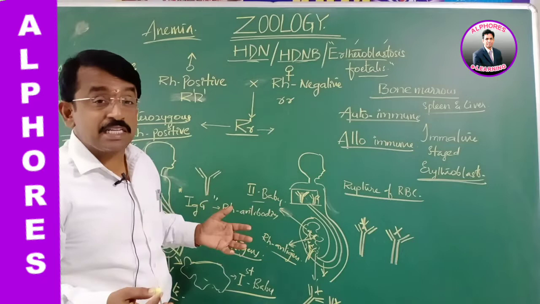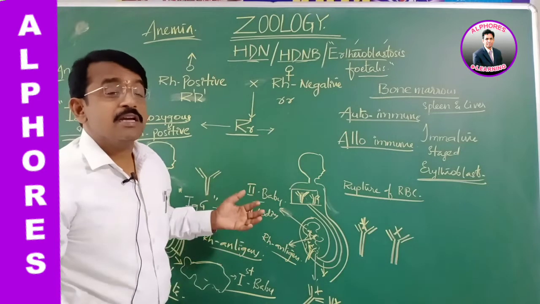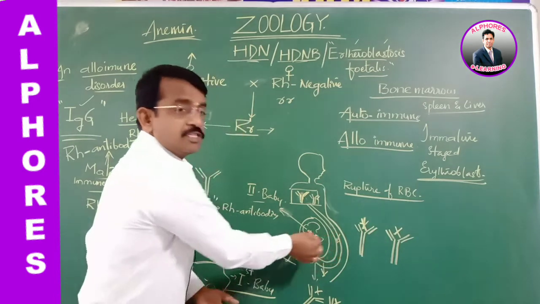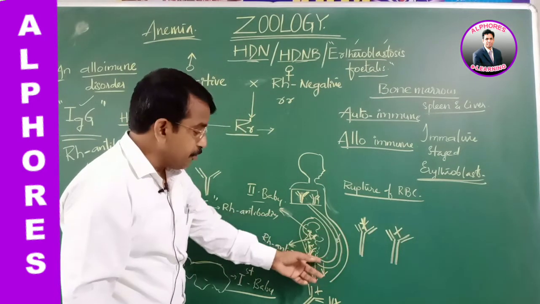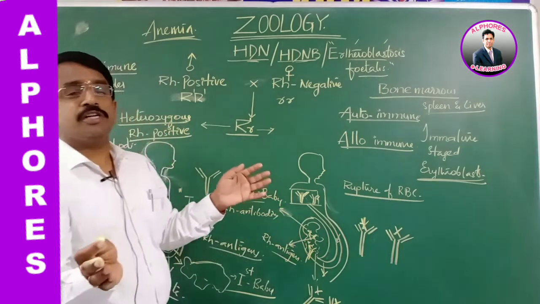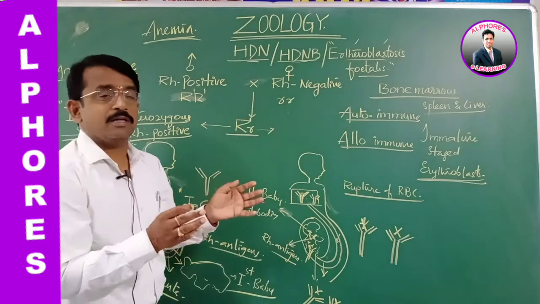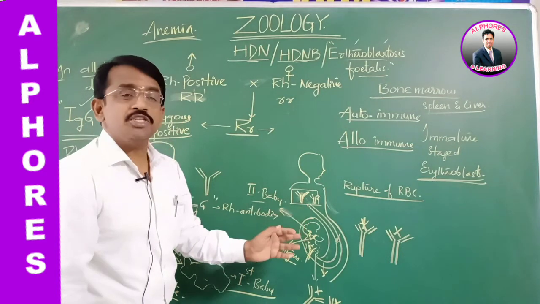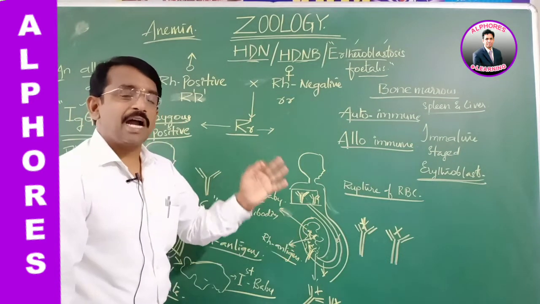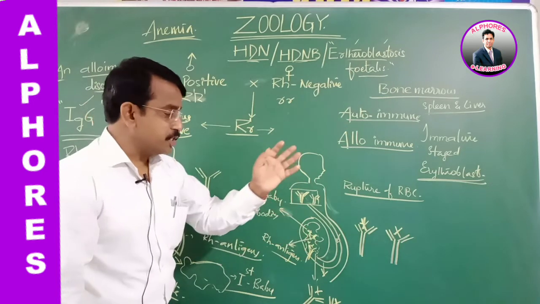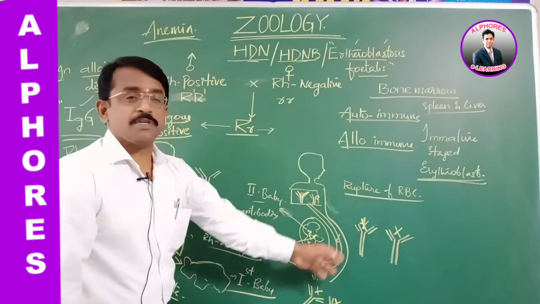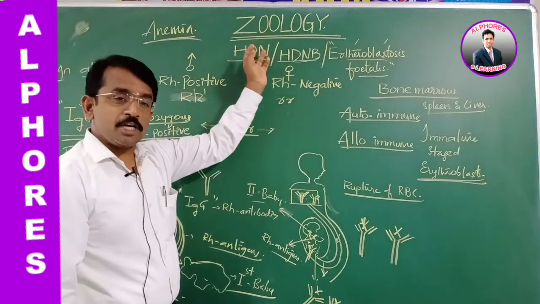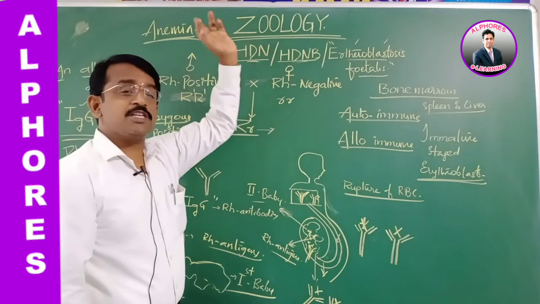The first time it doesn't happen, but the second time the mother's immune system is already sensitized. These Rh antibodies cross the placental border and reach the fetus, where Rh antigen and Rh antibodies come across each other, leading to an antigen antibody complex that ruptures the RBCs. This leads to agglutination and rupture of the RBCs, which is named HDN, hemolytic disorder of the fetus and newborn.